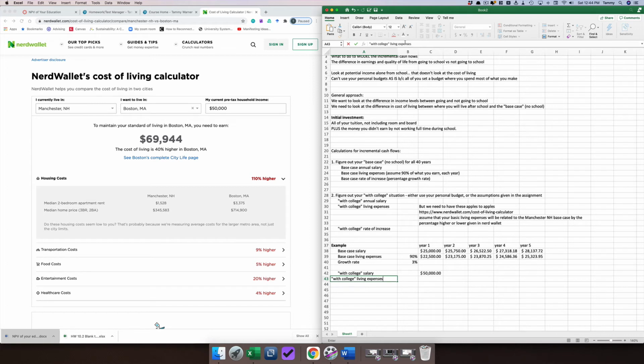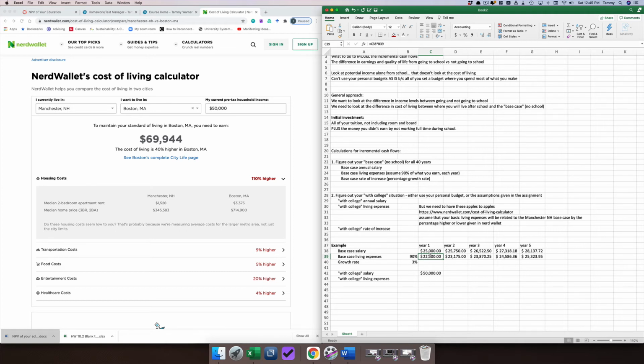Now we don't want to do your lavish lifestyle that you had developed in your personal budgets, right? We're just going to say, okay, we're going to compare apples to apples. So we're going to say our living expenses are going to be basically the same stuff we were getting, so rent and food and electricity and basic needs. But we are going to adjust that for the differential in living expenses for being in Boston relative to New Hampshire.